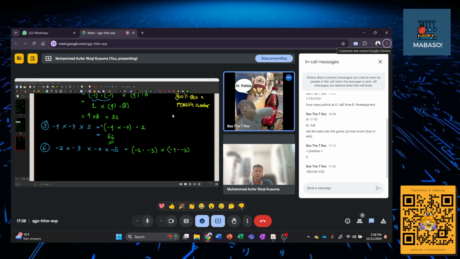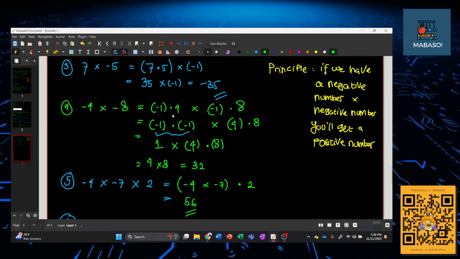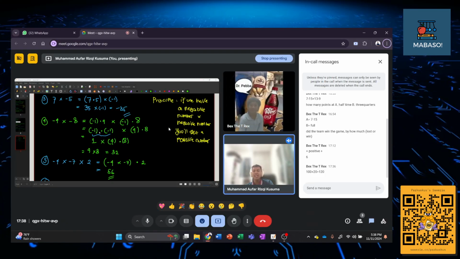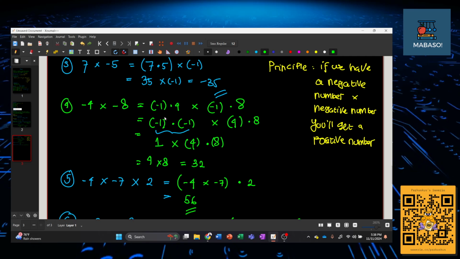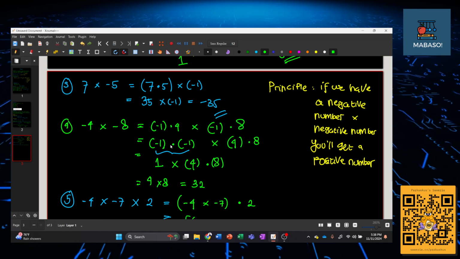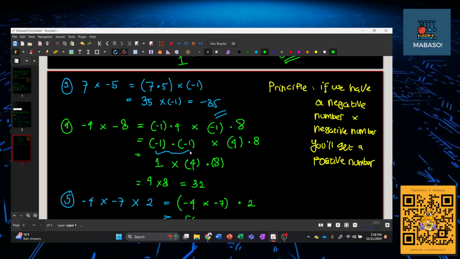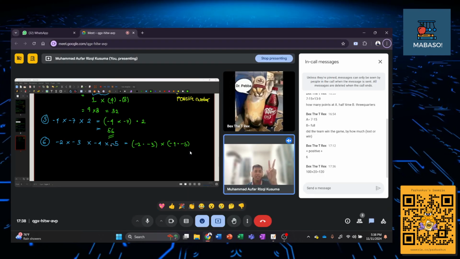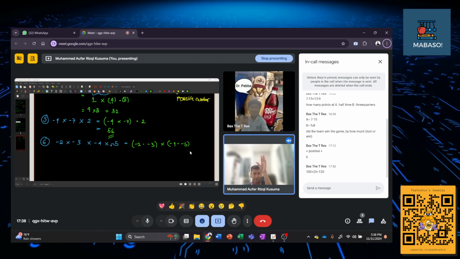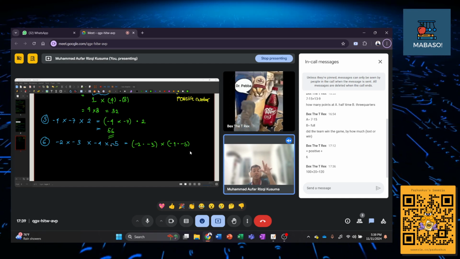You don't have to write the 120 with minus. Of course, if you can perform it more quickly, you don't have to write the -1 and this -1. So basically, if you see two numbers being multiplied and those two numbers are negative, then the result will be positive.